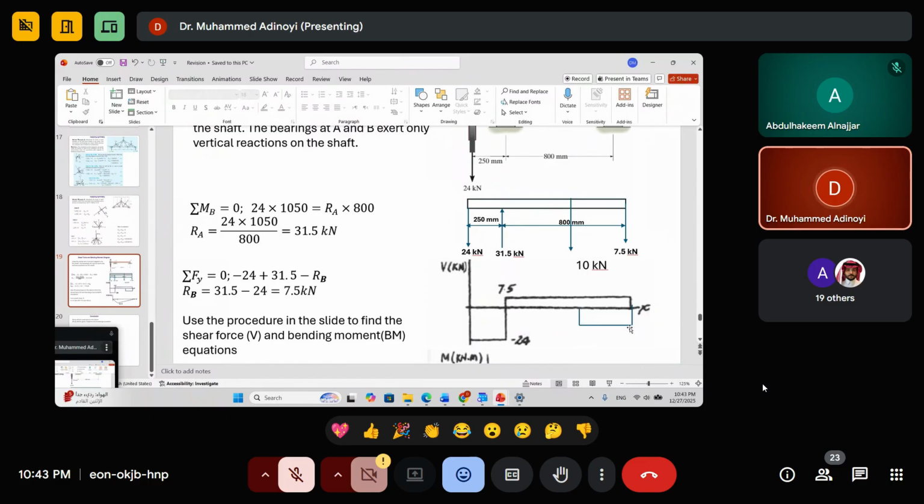It becomes 2.5 to go like this, smaller than 24. But what if this was like this? What will happen? This one becomes 7.5 from here. When I reach here, I have to increase this one by 10. It becomes 17.5. Then I'll come here, come back to the beam.